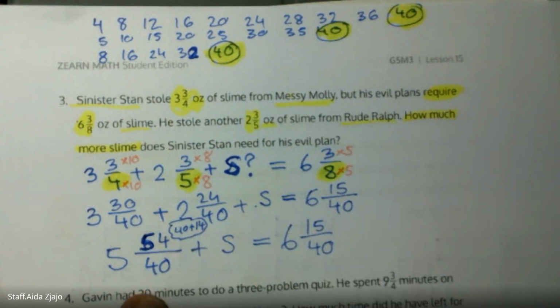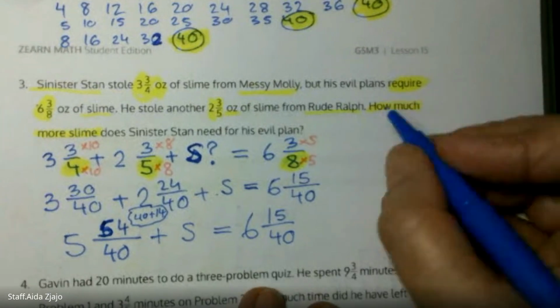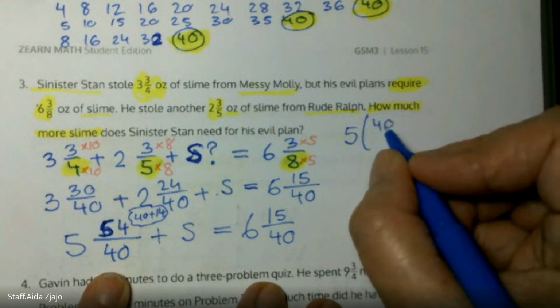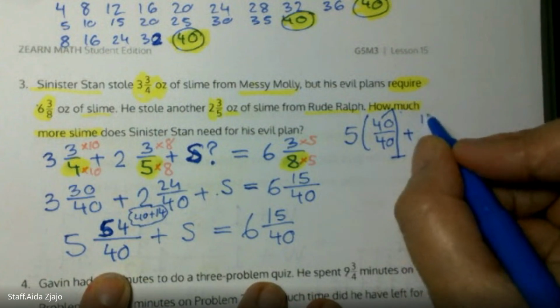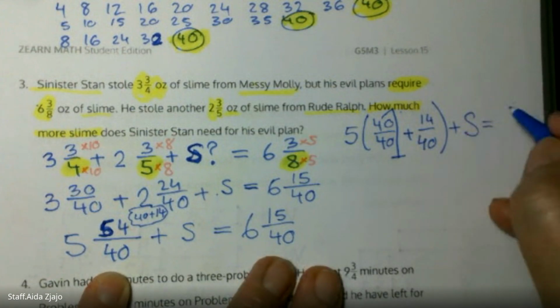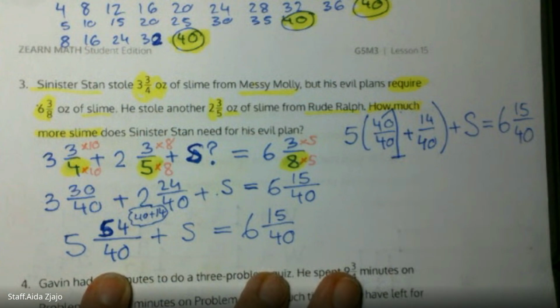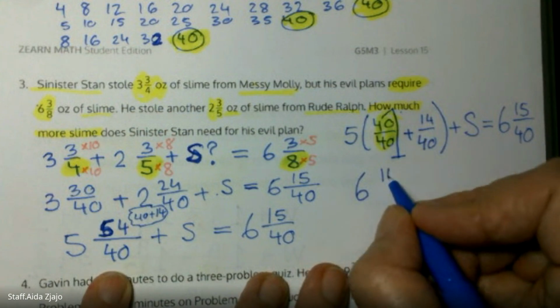So 40 40ths will make a whole. If I rearrange this and do the writing here, I can decompose. That's 5 wholes and 40 40ths will make a whole, plus 14 40ths will be left, plus S must equal 6 and 15 40ths. Now, since this 40 40ths is a whole, I will have 5 and 1 more whole, so it will be 6 wholes and 14 40ths.